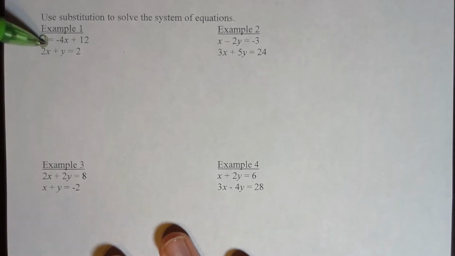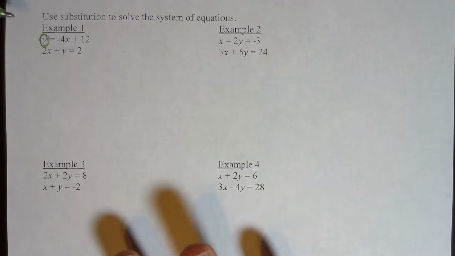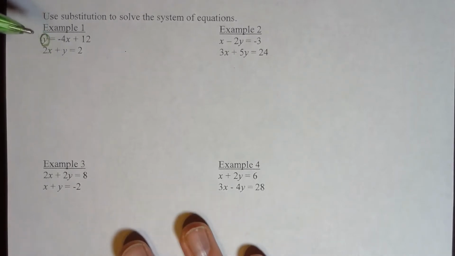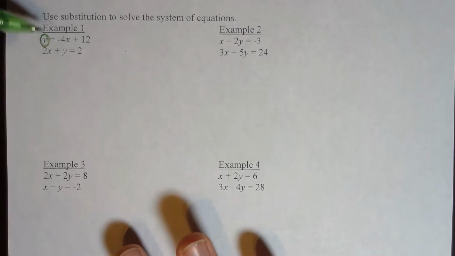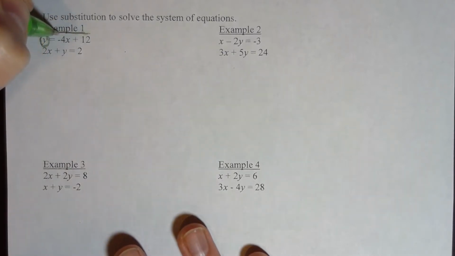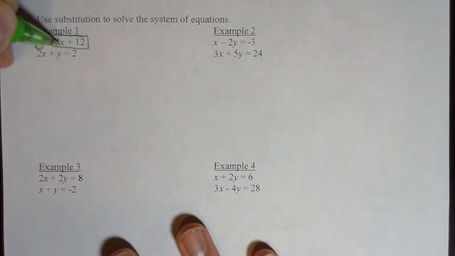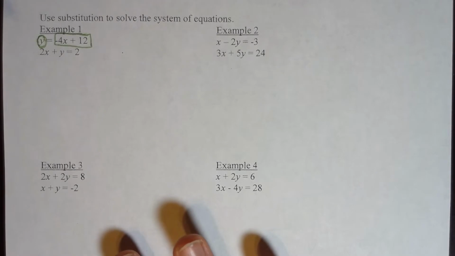Now, if I know that y is this, and I have y in my other equation, well, I can just take this definition of y and plug this thing in where my other y is.